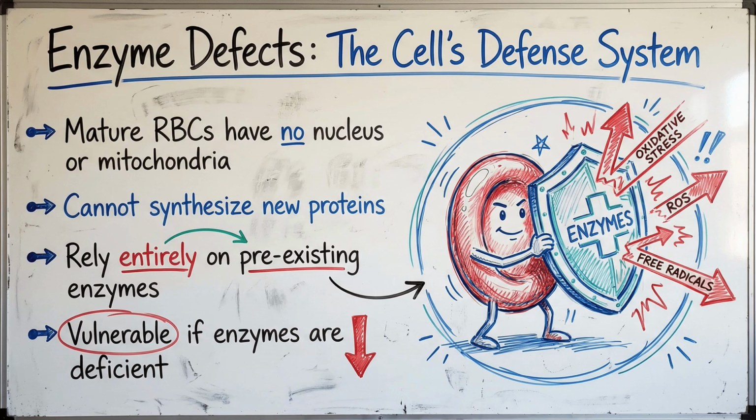Basically, they're entirely dependent on their pre-existing enzyme machinery to generate energy and, critically, to protect themselves from constant oxidative damage. If an enzyme is deficient, that cell is essentially flying without a shield, making it incredibly vulnerable to stress. The most common of these enzyme defects is G6PD deficiency, which we'll explore next.